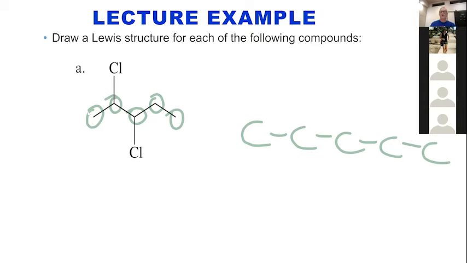Now, which carbons have substituents on them? 2 and 3. So I have a chlorine there, and I have a chlorine there. And then everything else would just be hydrogens. So then you just fill in.